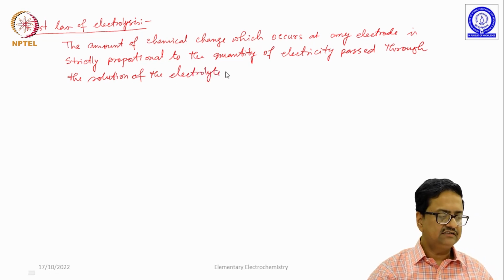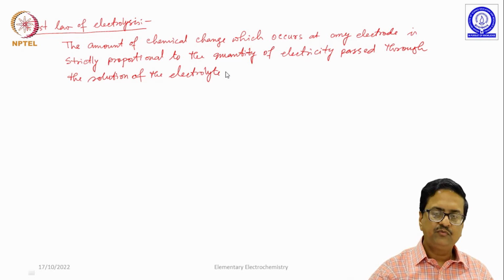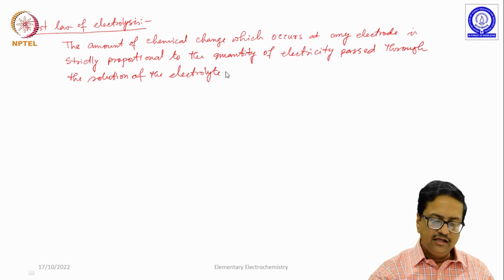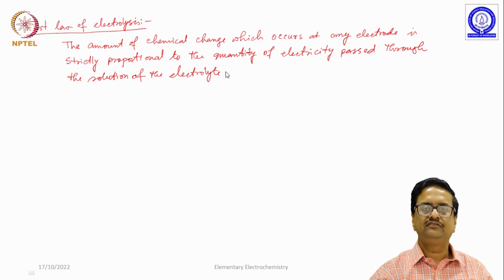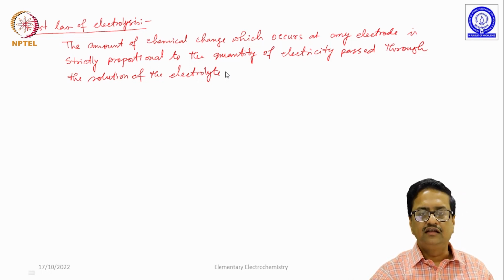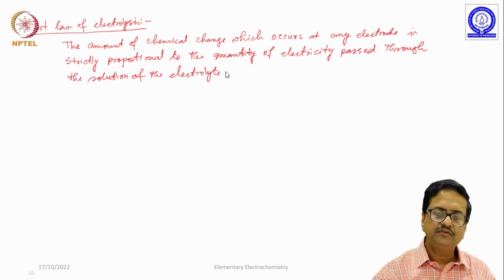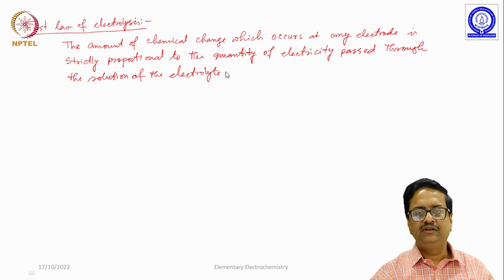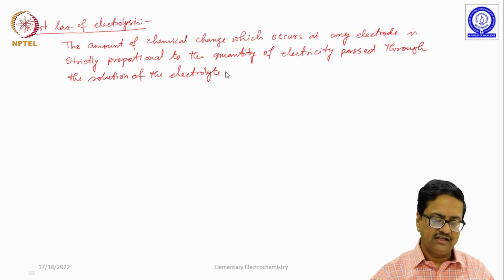Which essentially means that if you pass more amount of electricity, a more amount of chemical change will take place and more amount of the corresponding electrolyzed product will be formed. With less amount of electricity passed, the amount of final product will be less.